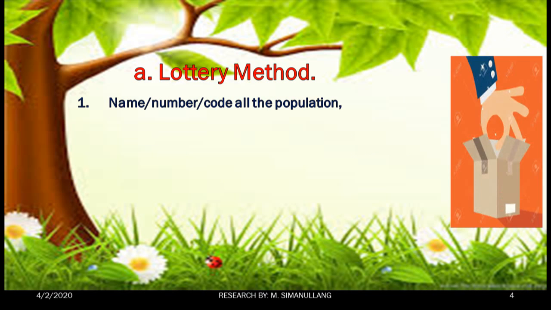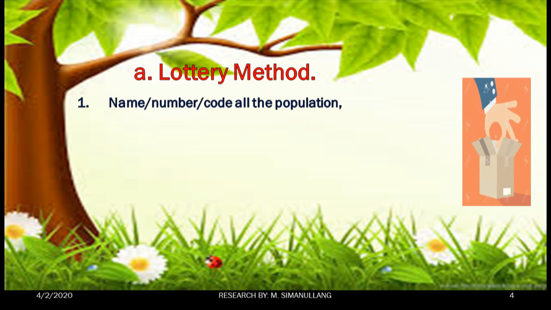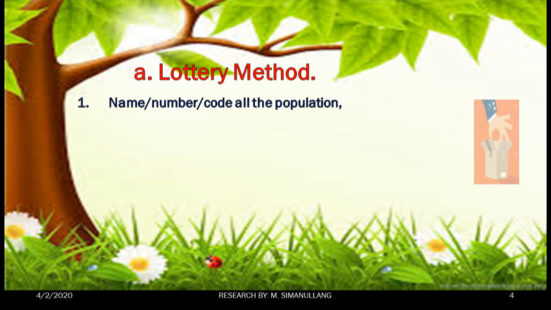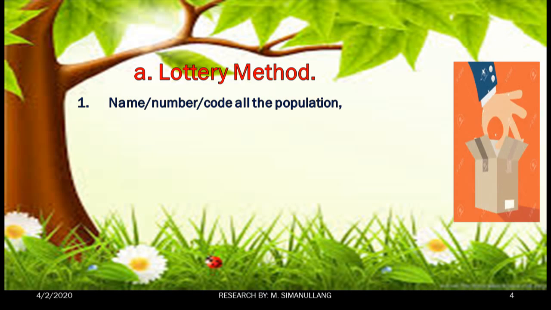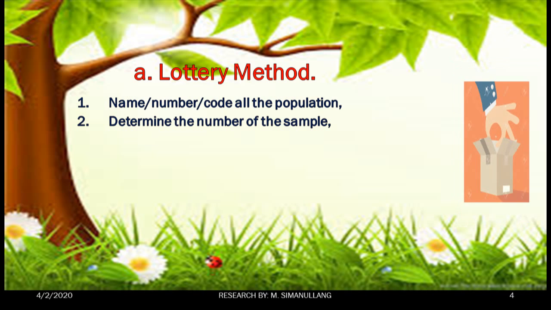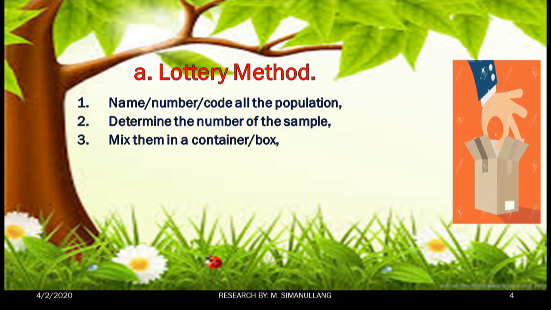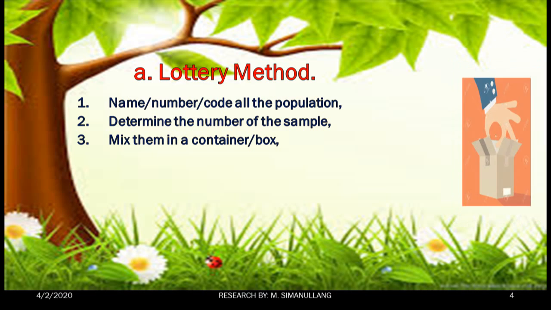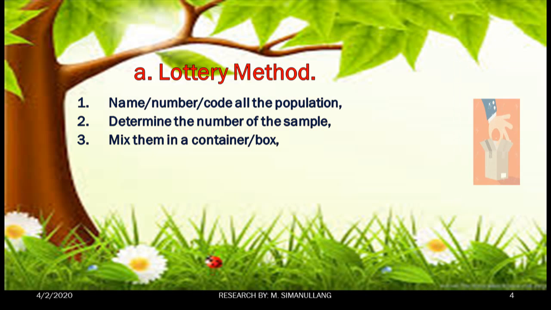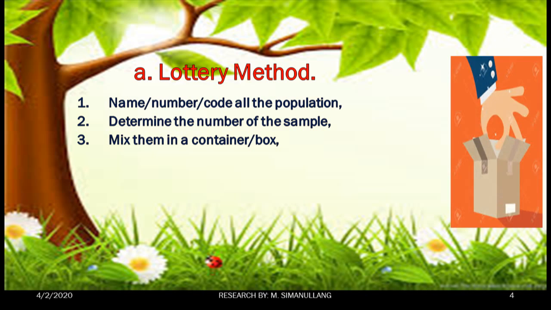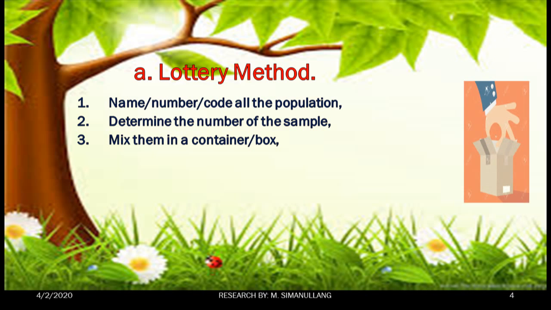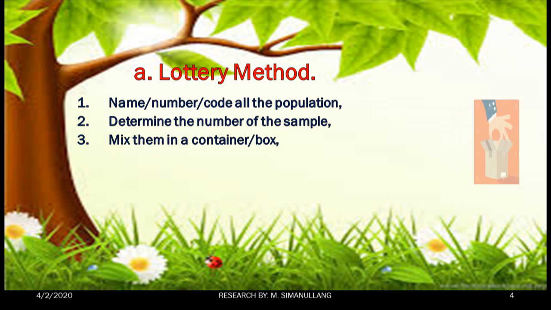So by following our previous procedures in the lottery method, the first step is to name, to number or to code all the population. Then to decide the sample size. After that, having written down the name and the number of each member of the population, we need to mix them in a container or box.